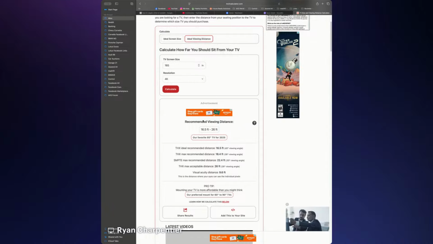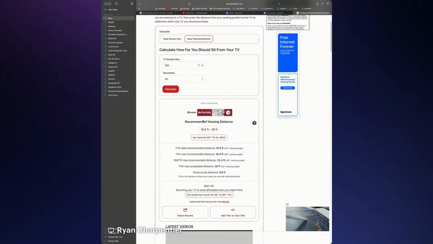That is insane. My room's roughly 28 feet long, so it's a little bit off, but this is like saying I'm going to put a 165-inch screen on my front wall and then put my couch at the other side of the room, which is wall to wall, 28 feet away, and that's the appropriate viewing distance. I feel like I need binoculars.